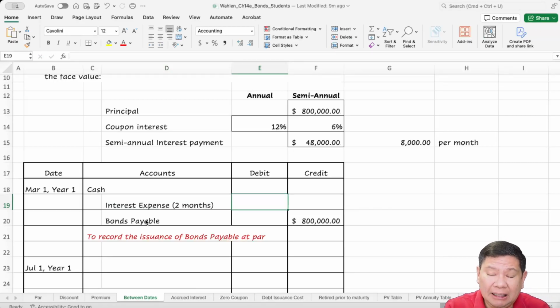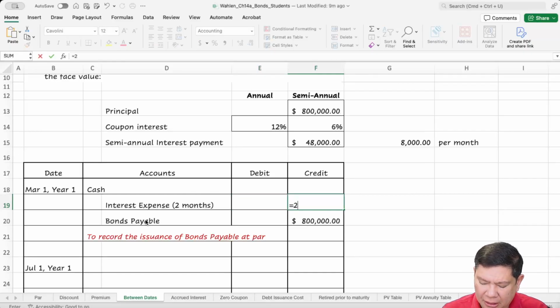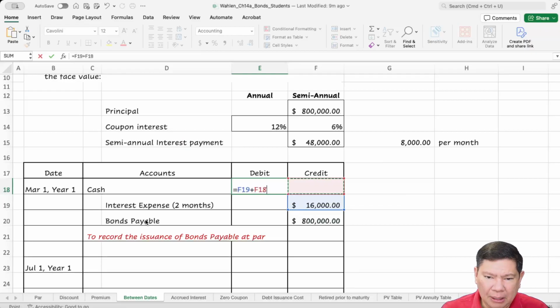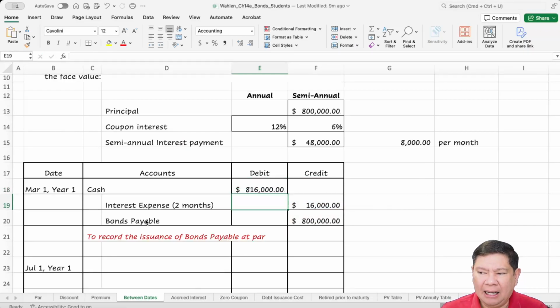Actually, the investors, the lenders, will pay them 2 months of interest. So then later they will receive 6 months of interest. So 6 months minus 2 months, basically they get paid for 4 months, which is the right amount. Okay, so it's going to be 2 months times $8,000 per month, 16,000.